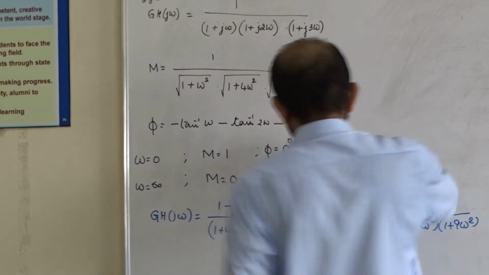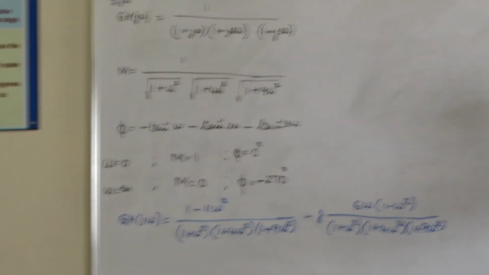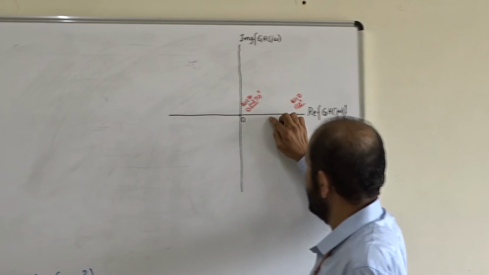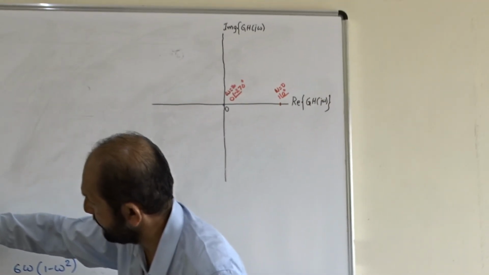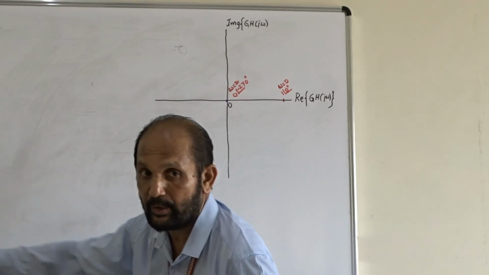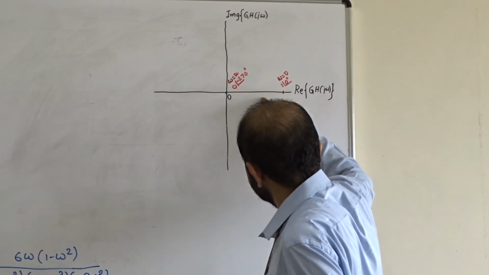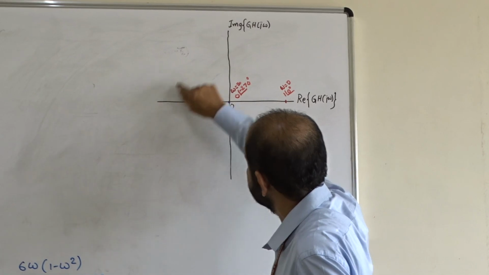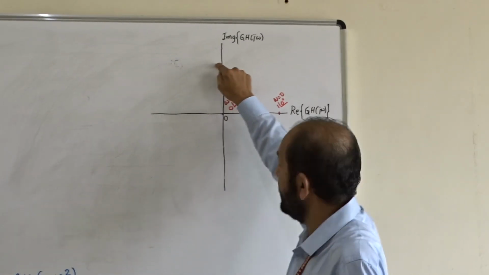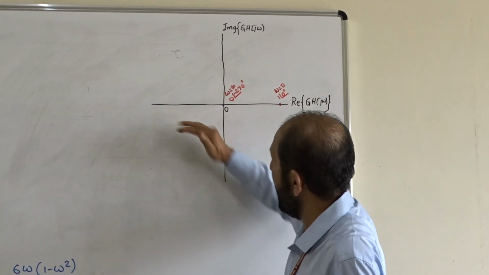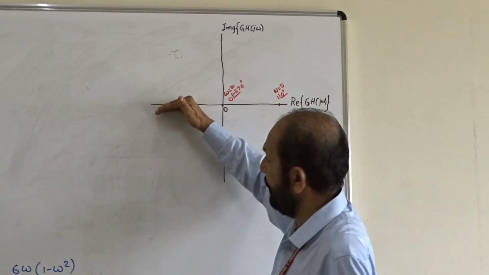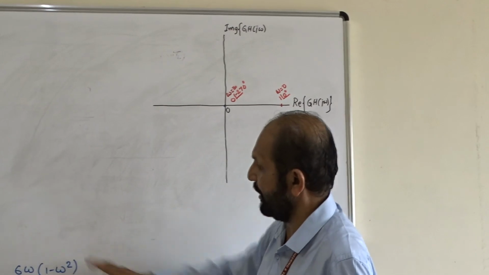The angle varies from 0 degree to minus 270 degree, so you start from 0 degree, minus 10, minus 20, minus 30, up to minus 270. That means you are going in the clockwise direction, and you reach the minus 270 degree axis. So the plot crosses the negative imaginary axis and negative real axis. First you convert to rectangular form.